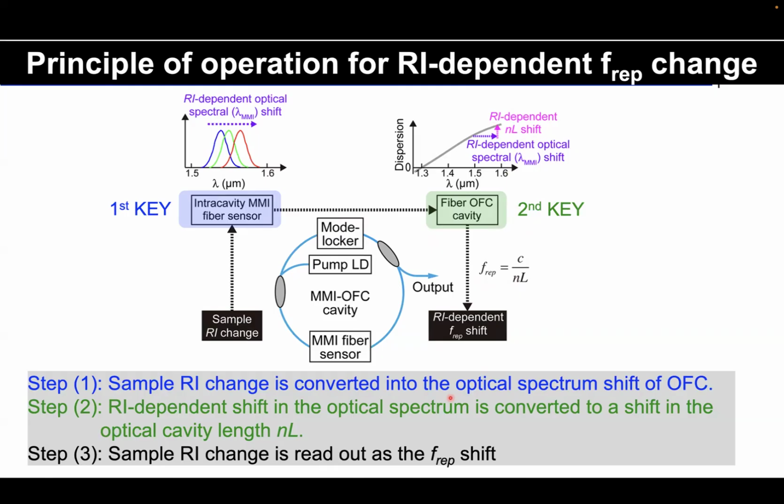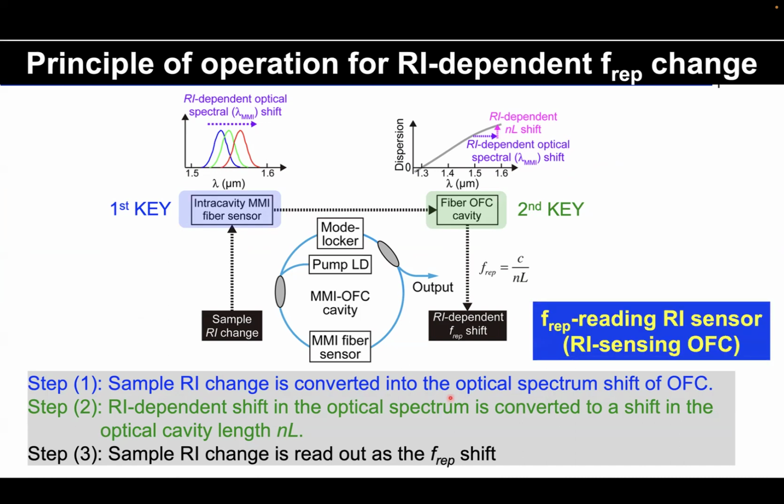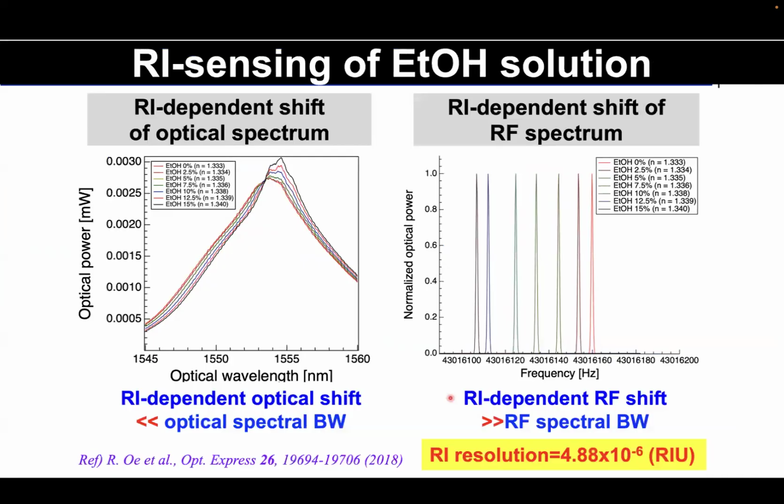We next made the surface modification of the sensor surface. Okay, so we first perform the RI sensing of ethanol solution. The reference shows the RI-dependent shift of the optical spectrum.